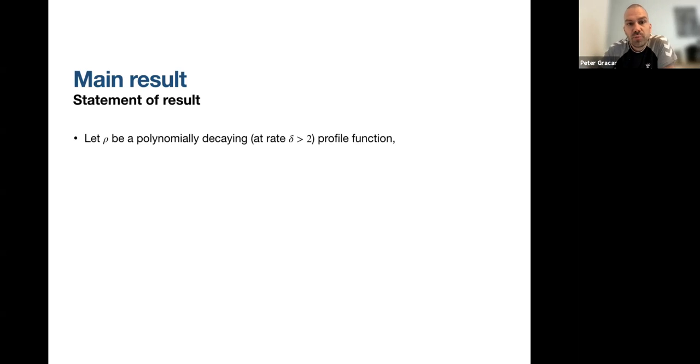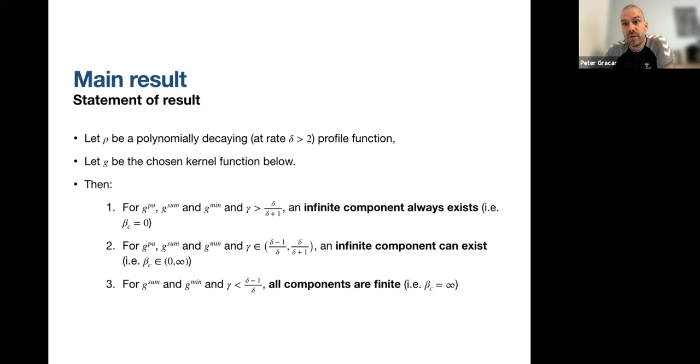So if we have a polynomially decaying profile function with polynomial decay greater than 2, and we have a chosen kernel function, then we can see 3 possible situations. We can be in the regime where an infinite component always exists, regardless of what the activity of the model is.